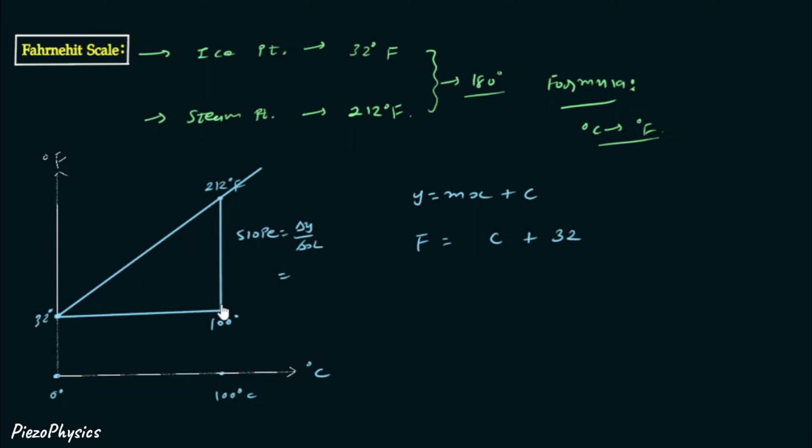Delta y, from 32 to 212, is 180, and delta x, from 0 to 100, is 100. That's why the slope will be 9 by 5. Therefore, degree Fahrenheit equals 9 by 5 times degree Celsius plus 32. So this is our main equation to convert Celsius to Fahrenheit or Fahrenheit to Celsius.